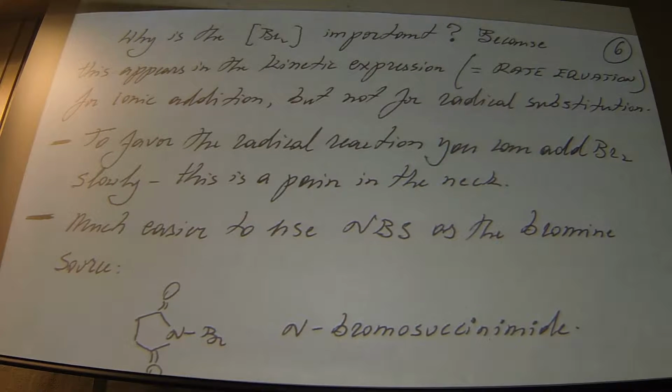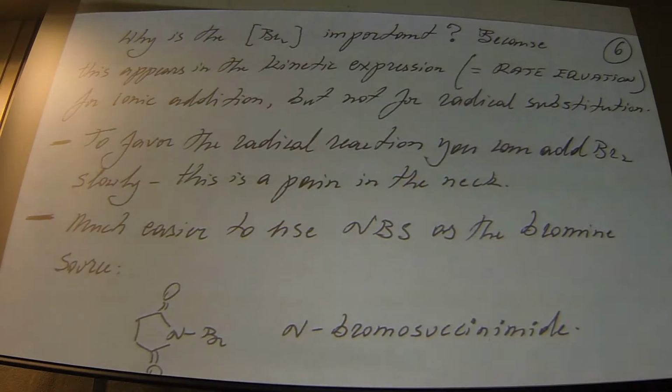Now you can say, gee, that sounds really weird, because if I keep the concentration of bromine low, then the reaction's going to be slow, isn't it? And the answer to that is, well, not necessarily. What you will do, however, is really slow down the ionic process to favor the radical reaction.